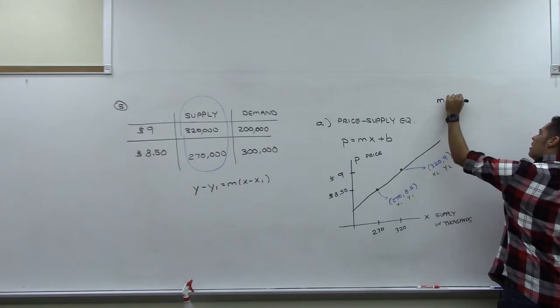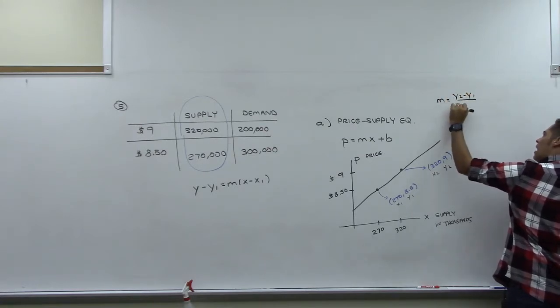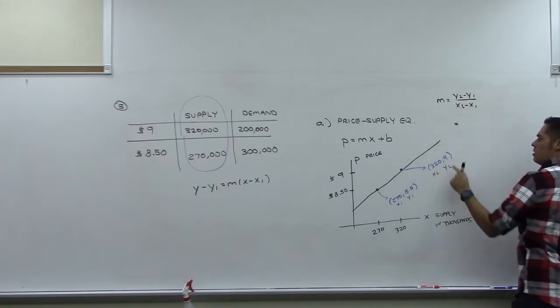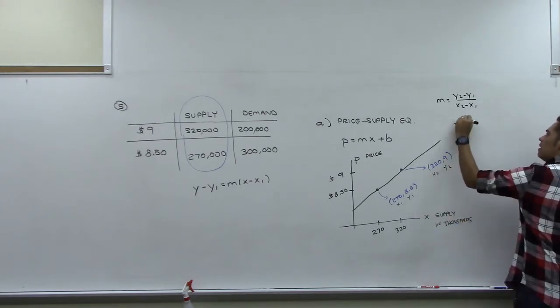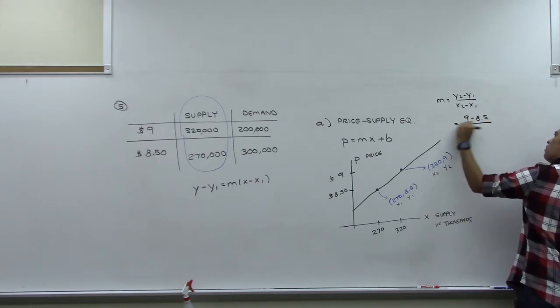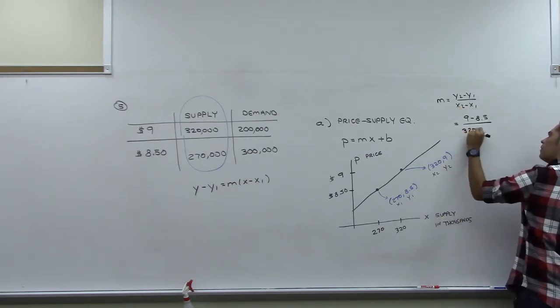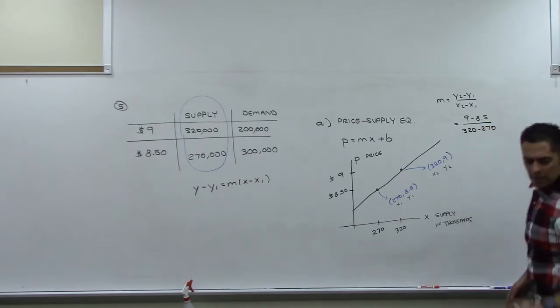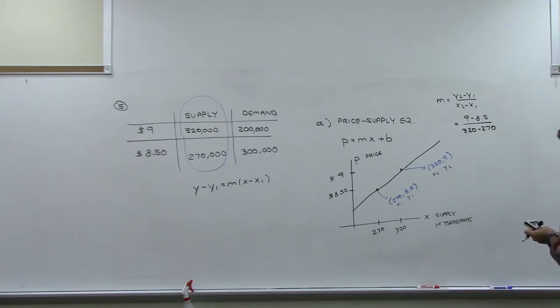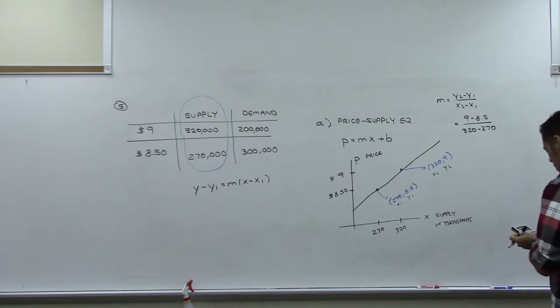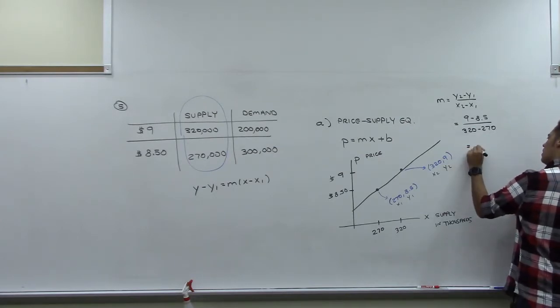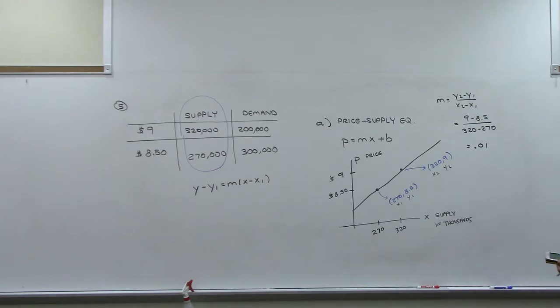Our m is y2 minus y1 over x2 minus x1, which is 9 minus 8.5 over 320 minus 270. I'm going to get that on my calculator. This is going to come out to be 0.01. That's our slope.